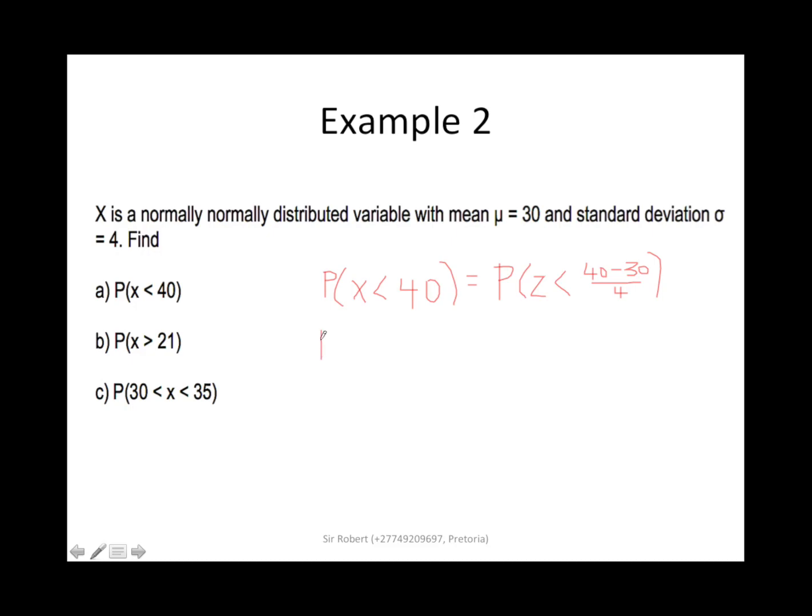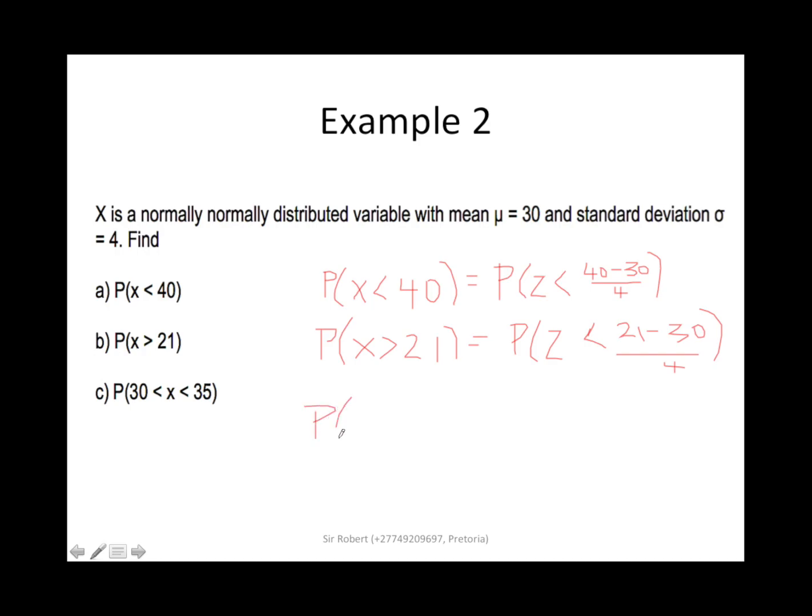For the second one, x greater than 21 is equal to p, we convert our x into z, so it becomes 21 minus the mean over 4. So you calculate this one.